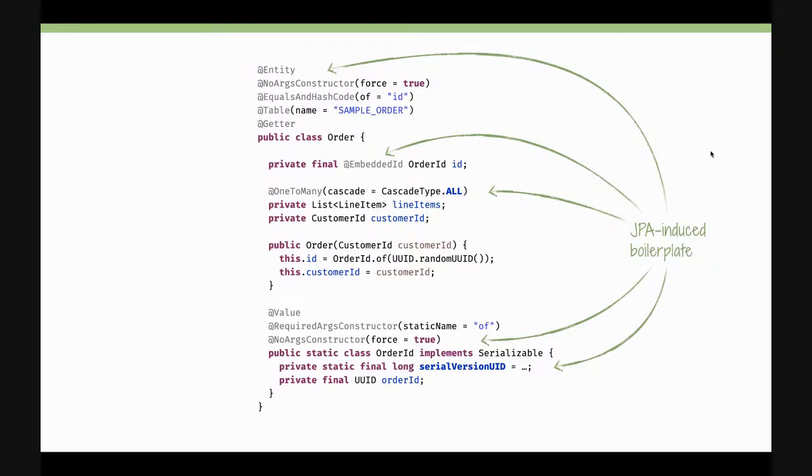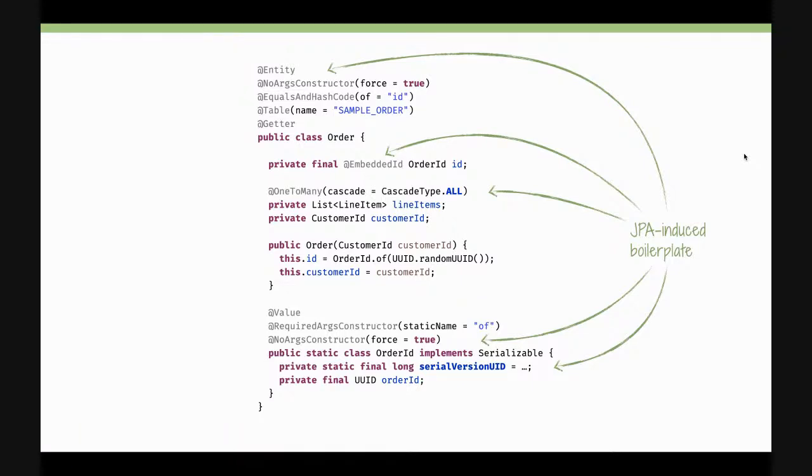We're supposed to annotate the order ID with EmbeddedId, so the ID field in Order. Order ID has to implement Serializable. I think that's not necessarily the case for all JPA persistence providers, but the most common ones actually expect that, unfortunately. And again, default constructors, that kind of stuff. That's kind of technical noise, detail, what have you, right?